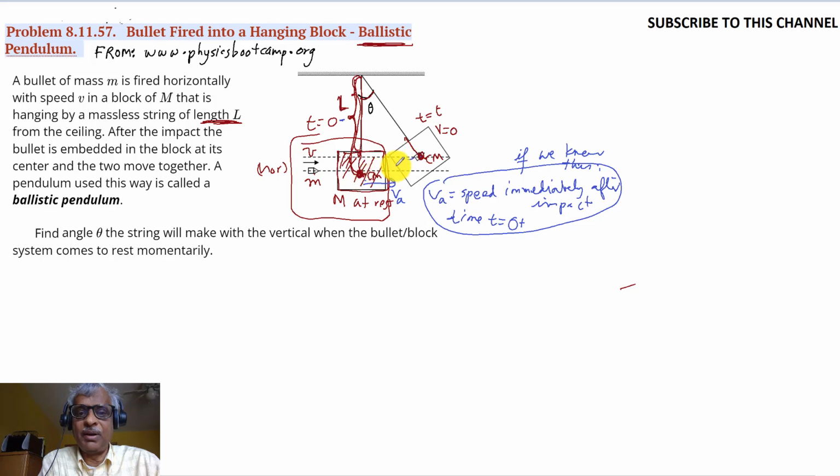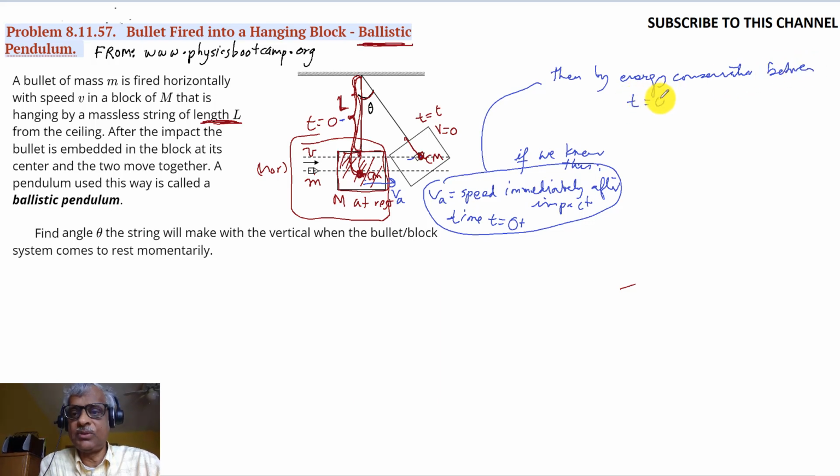by comparing energy conservation, then by energy conservation, between t equals 0 plus and t equals t, we will get theta.